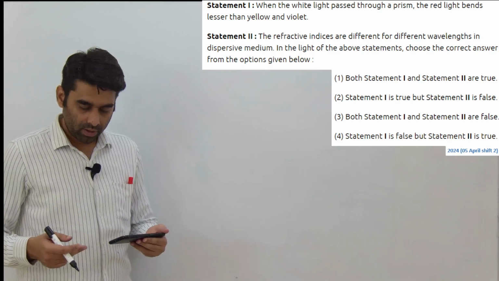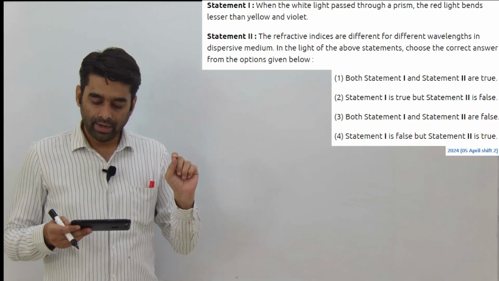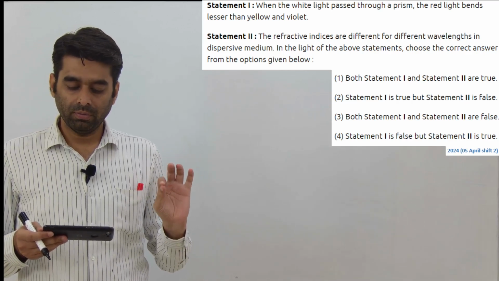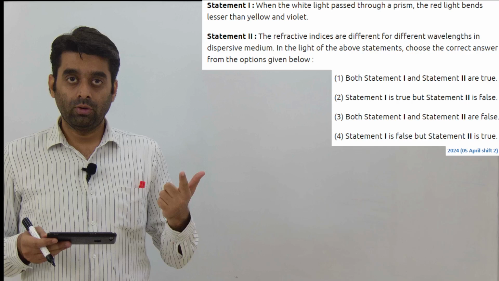Yes. So next we have a theoretical question. Let us see. When white light passes through a prism, the red light bends lesser than yellow and violet. Is it true? Let us check.